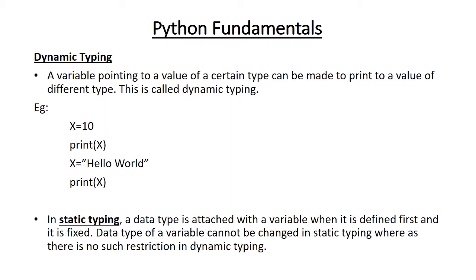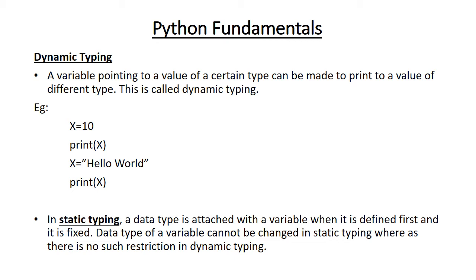Dynamic typing. A variable pointing to a value of a certain type can be made to point to a value of a different type. This is called dynamic typing. For example, x is equal to 10. Print x. It will print the value 10, and x is an integer now. Later, in that same program, x is equal to hello world. Now x is a string.